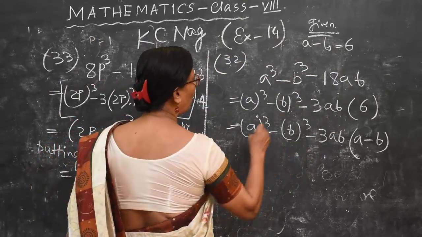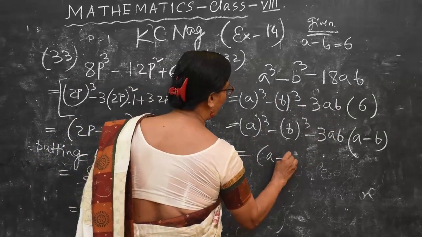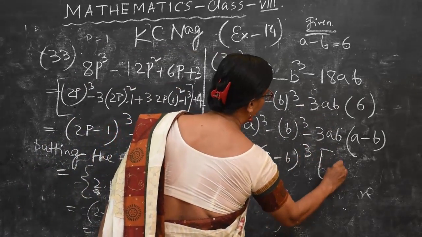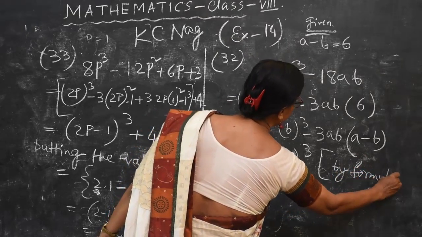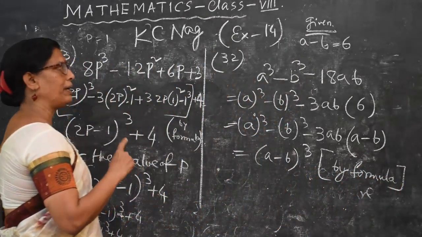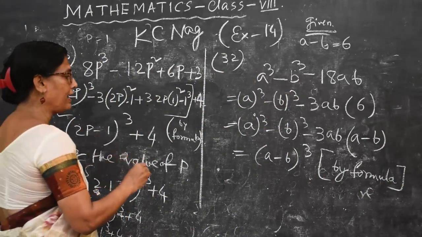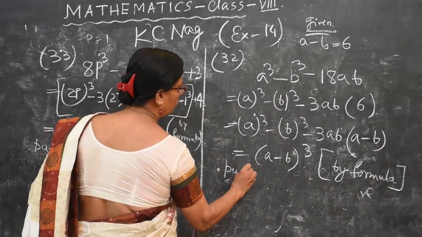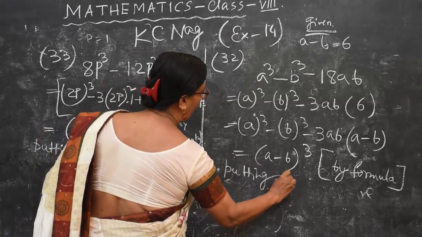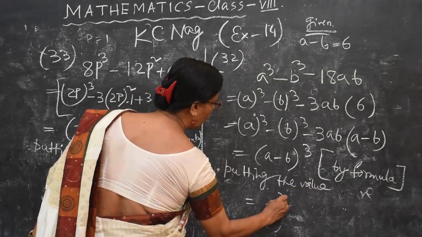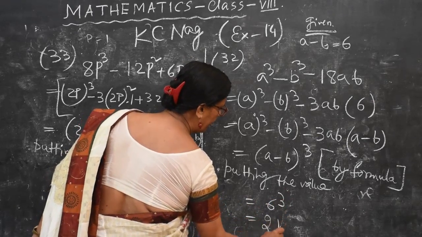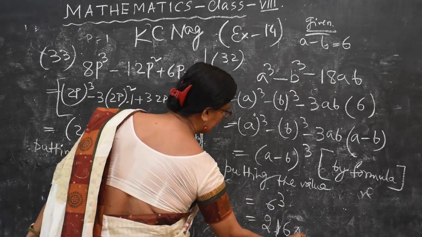So the whole is taken as the formula of a minus b whole cube. Now a minus b is given as 6, so we can write it putting the value. Putting the value, 6 cube, that is 216, is the answer.